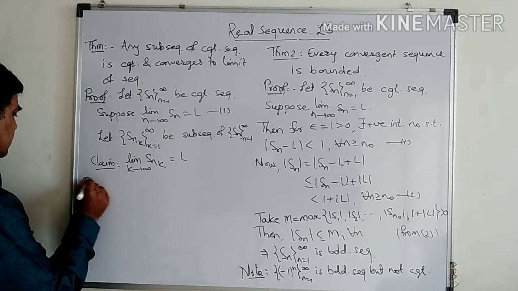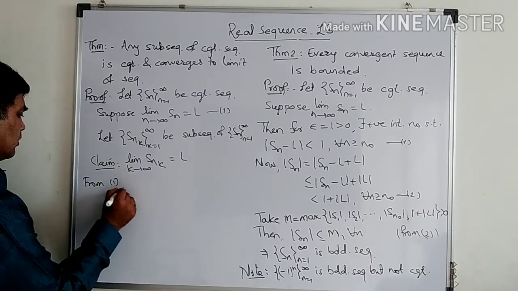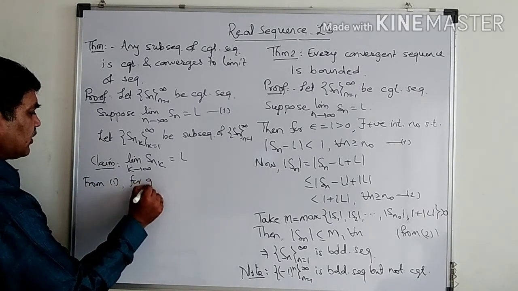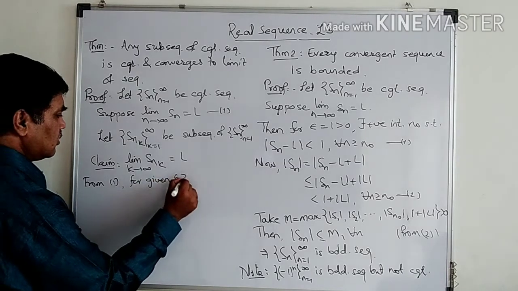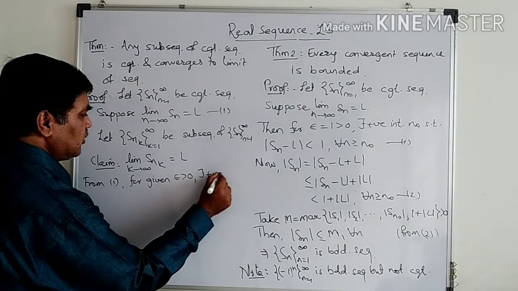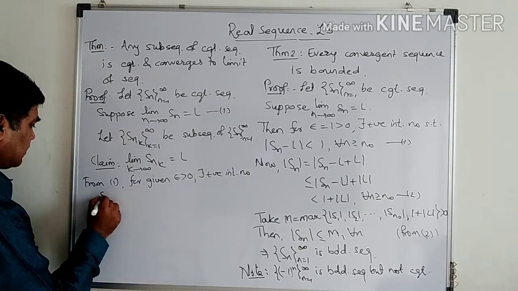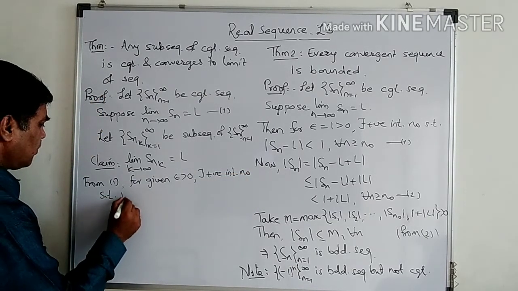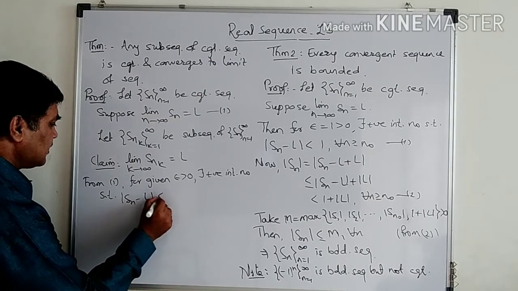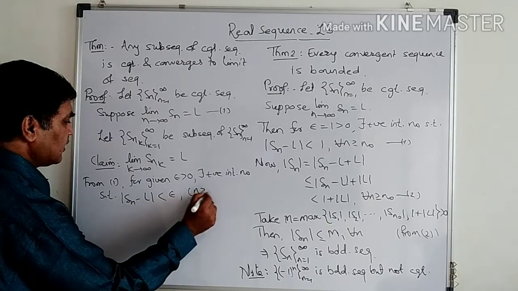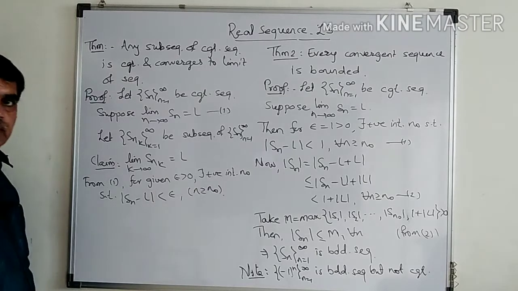So from 1, for given epsilon greater than 0, there exists a positive integer n naught such that mod of Sn minus L is less than epsilon for any n greater or equal to n naught.